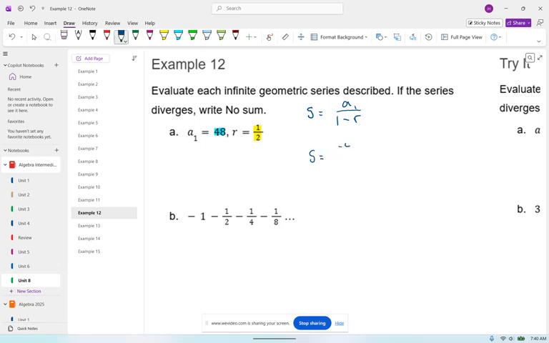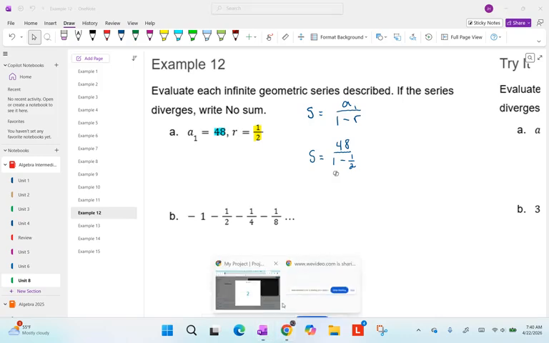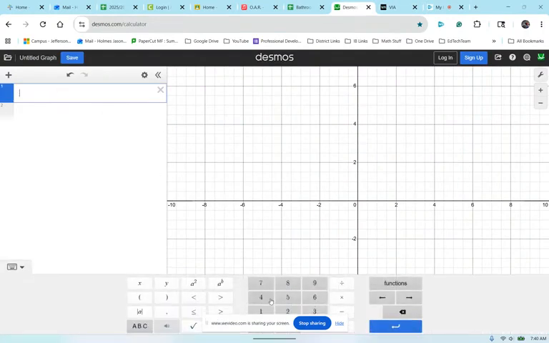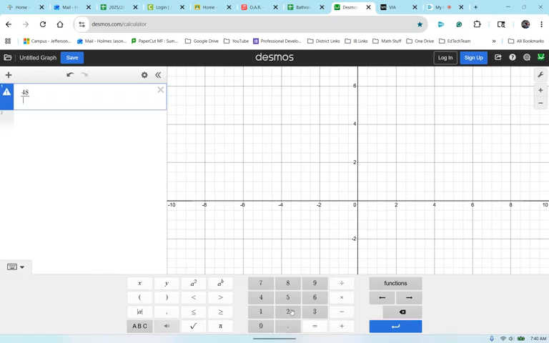S equals 48 divided by 1 minus 1/2. We're going to take this right over to Desmos, and we'll start off with 48 divided by, let's go ahead and get that out of the way, 1 minus 1/2.